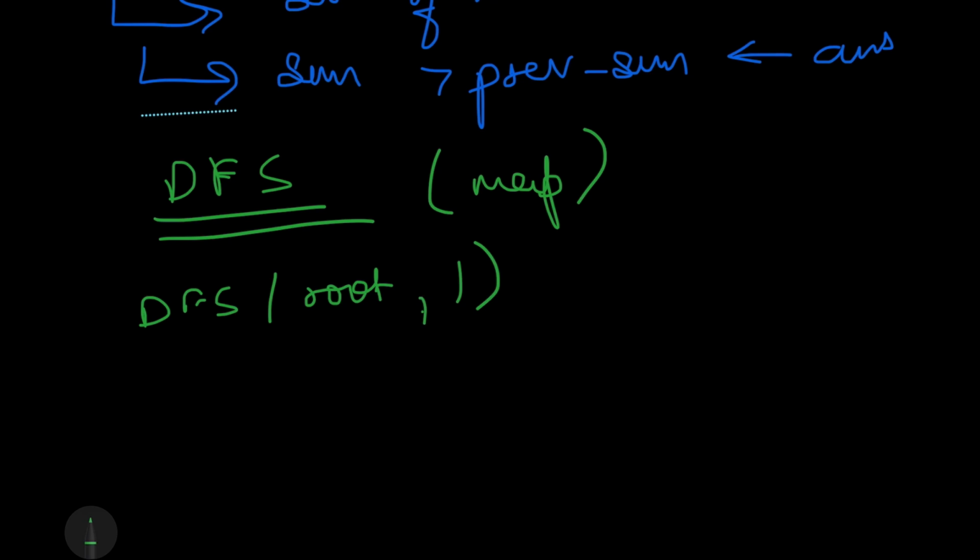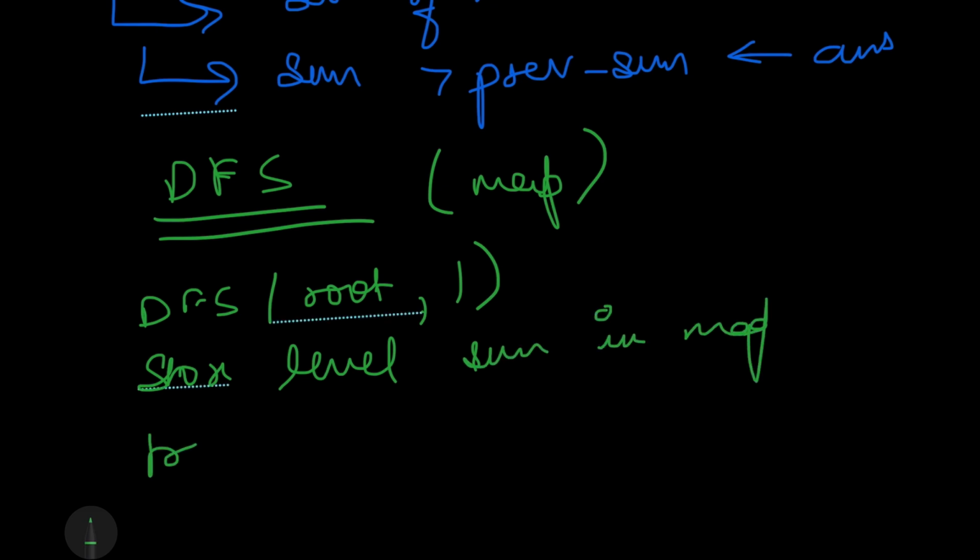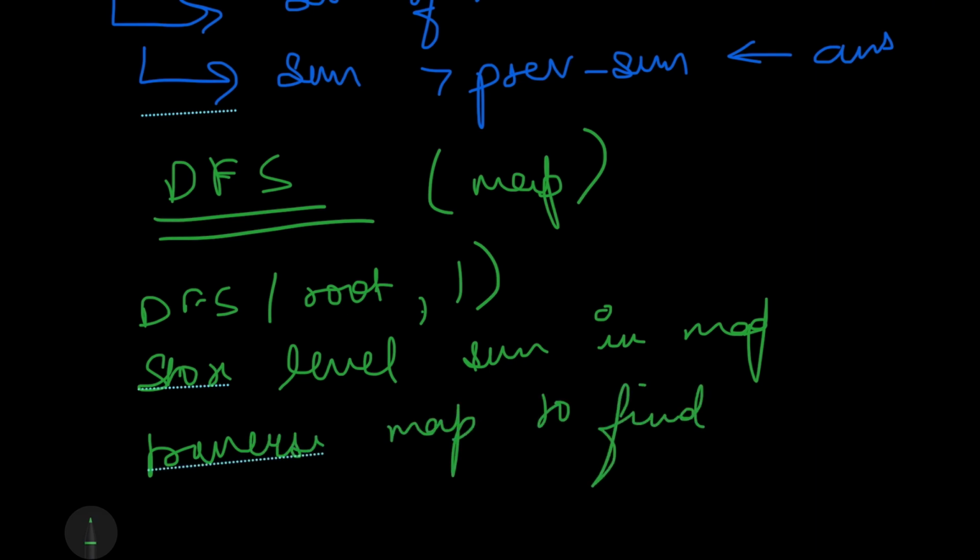We'll pass the root comma 1, and store the level and sum in a map. We'll store the level comma sum for each level, then traverse the map to find the level which has the maximum sum of the nodes.